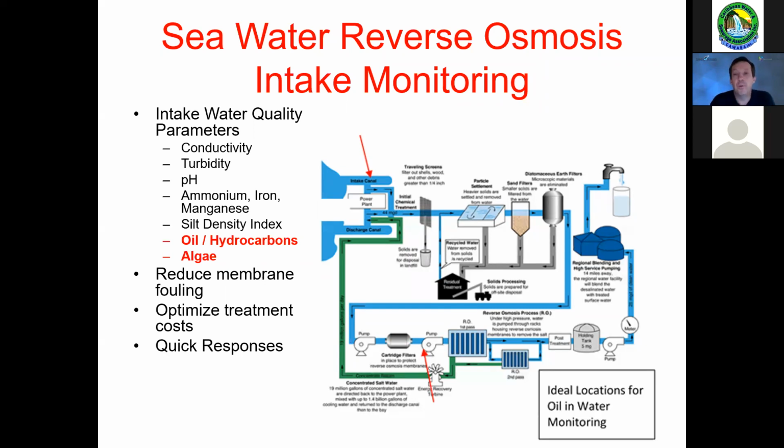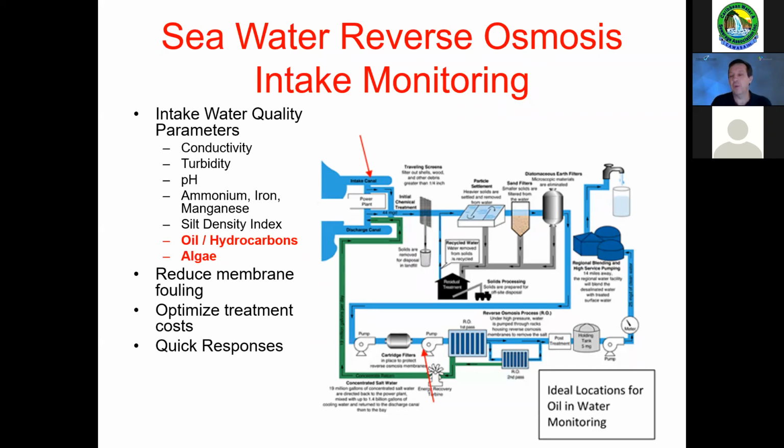So there are two different things that can happen to a membrane. The first one is that heavy fuels, crude oil or lubricants, which are very large molecules, can put a coating on top of the membrane. If there's a layer of oil or a layer of algae on top of the membrane, then water doesn't pass through it as easily.